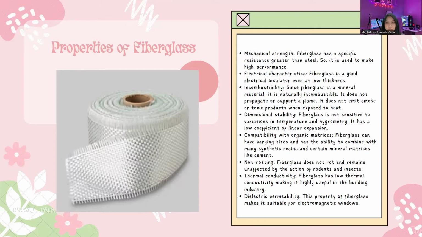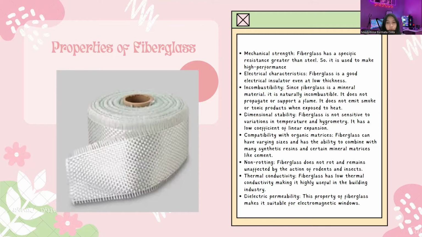Dimensional stability. Fiberglass is not sensitive to variation in temperature and hygrometry. It has a low coefficient of linear expansion. And the next property is compatibility with organic matrix. Fiberglass can have varying sizes and has the ability to combine with many synthetic resins and certain mineral matrices like cement.